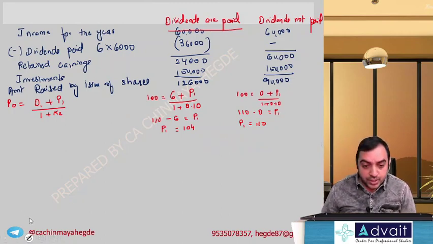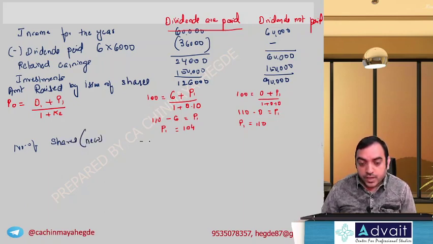Let's compute number of shares. Number of new shares, additional shares: 1,26,000 divided by 104; 90,000 amount required divided by 110.